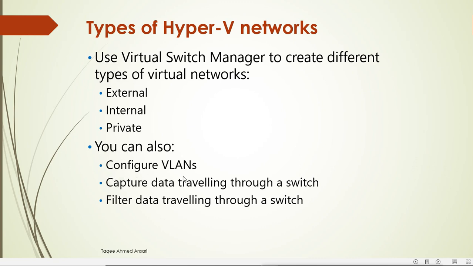Then we can also use the VLAN configuration to tag the data with a VLAN ID, so that when it goes outside of the host, it can go to the physical switch using the VLAN tagging. It will tag the VLAN ID there, so that the physical switches can understand which VLAN the data is for.